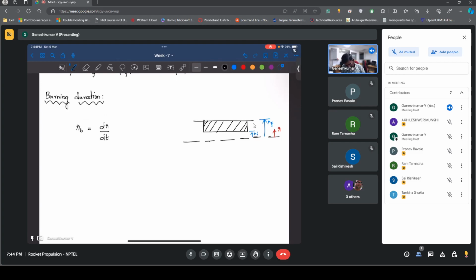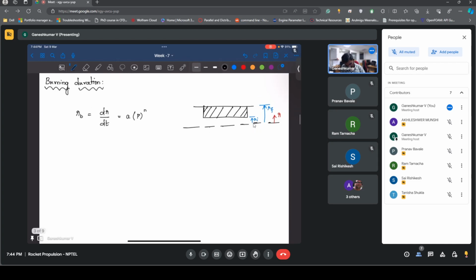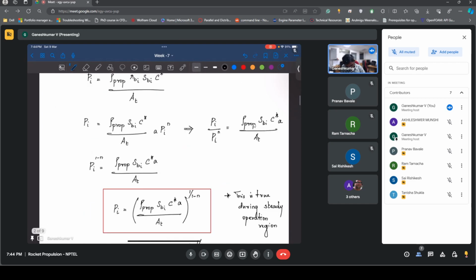So basically we know that Rb is equal to a p power n, and we can use the pressure. How pressure is going to vary depends on the burning surface area, which we derived a little while back.